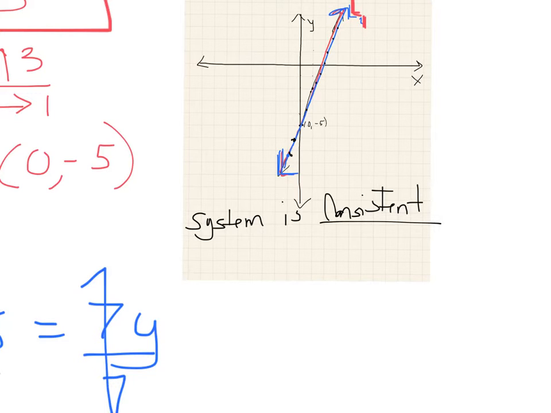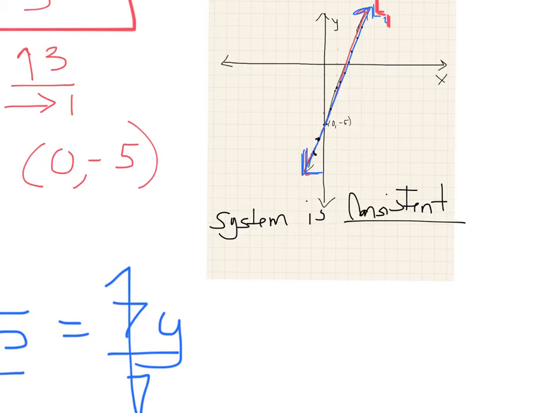How many times do the lines intersect? Infinitely many times. So this system is consistent, and there are infinitely many solutions.